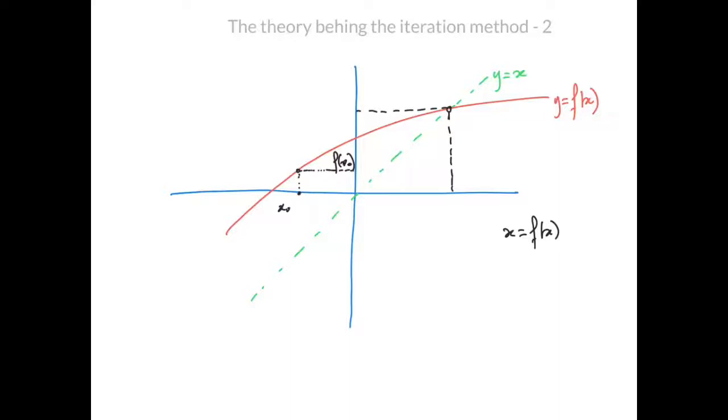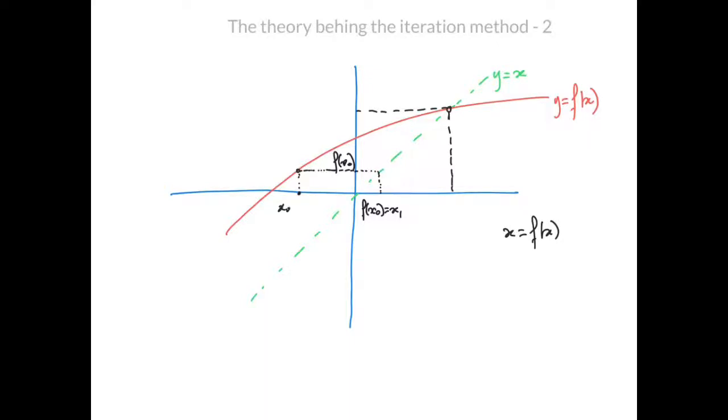And this point gets projected on the green line. So on the green line, what do you know? You know that the x coordinate is equal to the y coordinate, because you have this equation here. You already know that at this point, the y coordinate is f of x0. So this means that the x coordinate has to be the same thing. And this is f of x0, that I'm going to call x1.